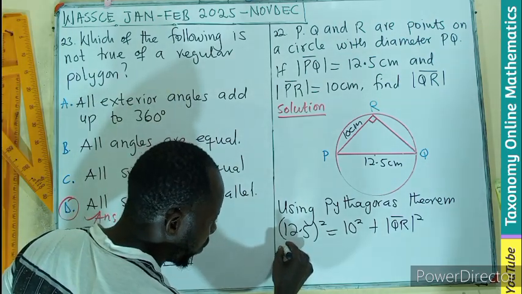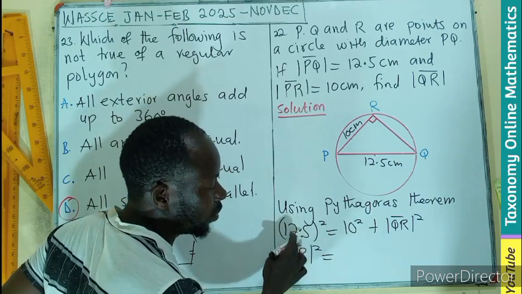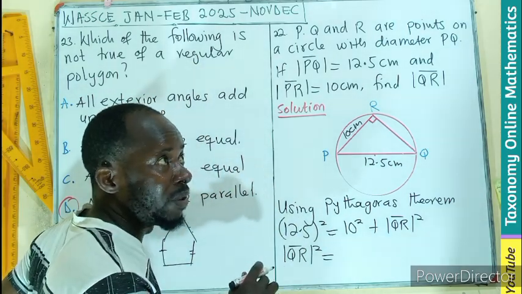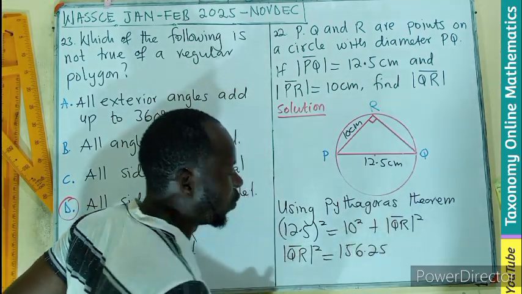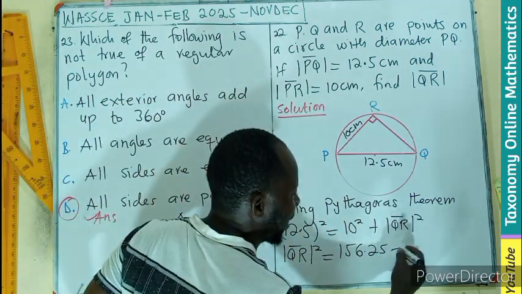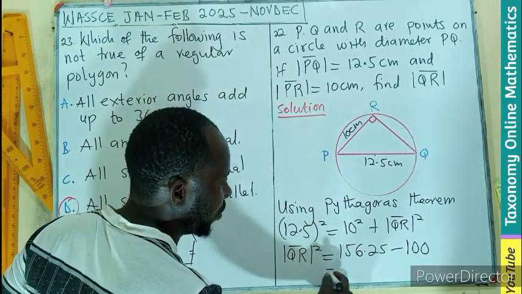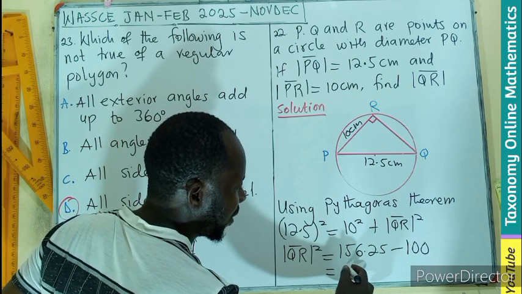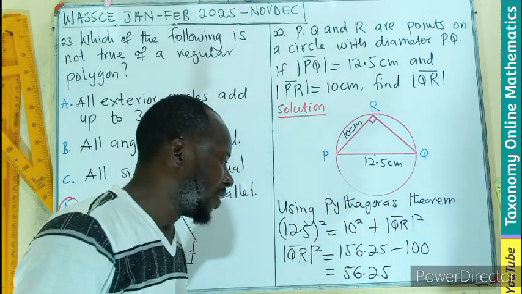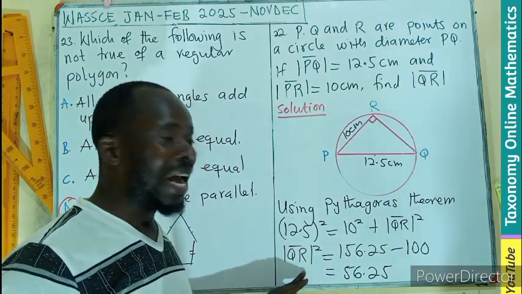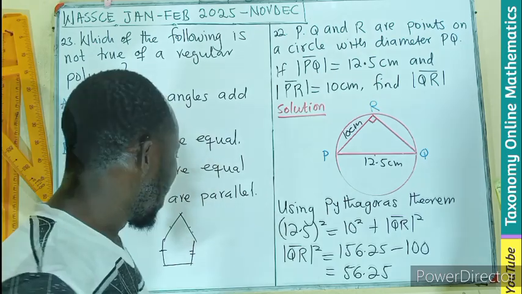So your QR length squared equals 12.5 times 12.5, which will give you 156.25. Then minus 100, because 10 squared will give you 100. So this will give you 56.25. But we are looking for the length alone without the square, so we need to find the square root of both sides to cancel that.